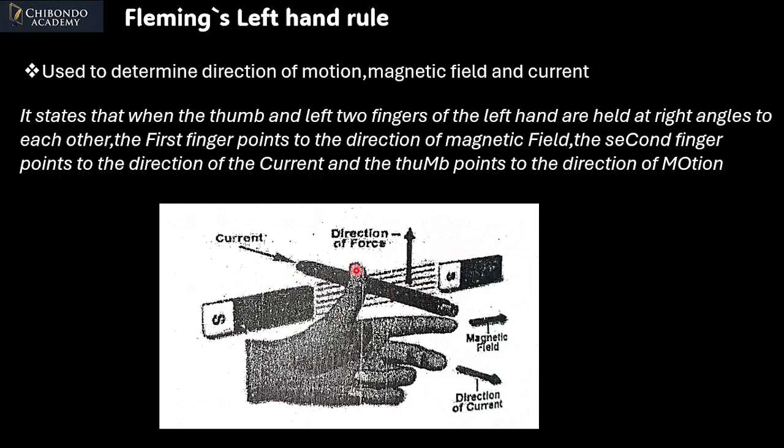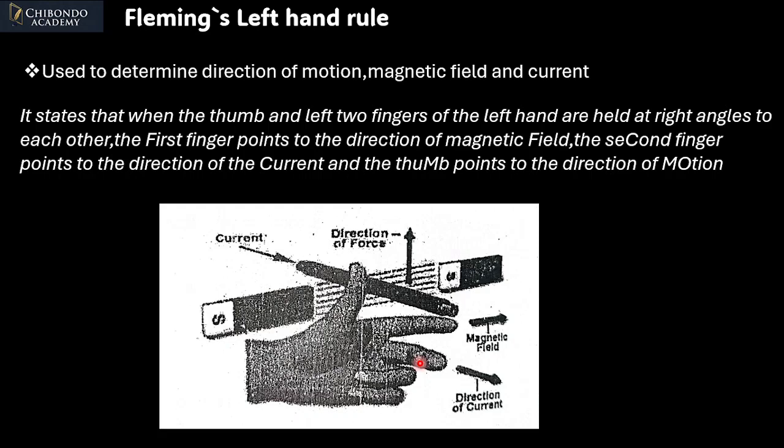Imagine the conductor like this. If the thumb and the first two fingers of the hand are placed at right angles to each other, the thumb points in the direction of motion, the first finger in the direction of the magnetic field, and the second finger in the direction of current. You might wonder how to use this rule. The key thing is that the most known thing is the direction of current, right?